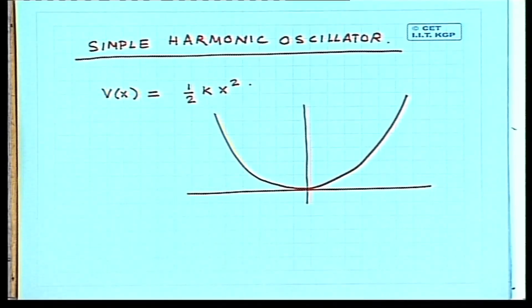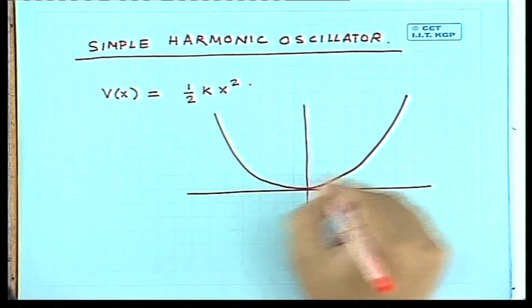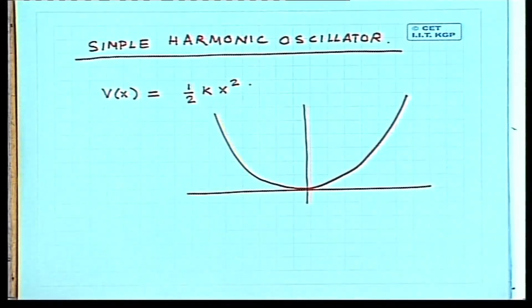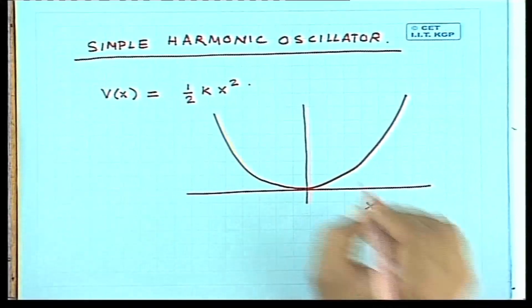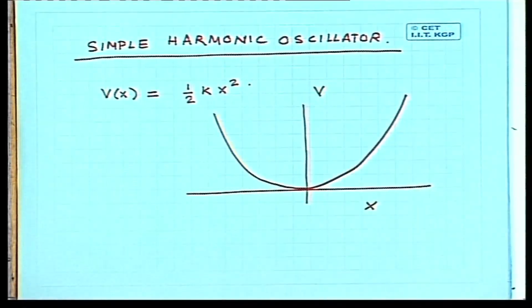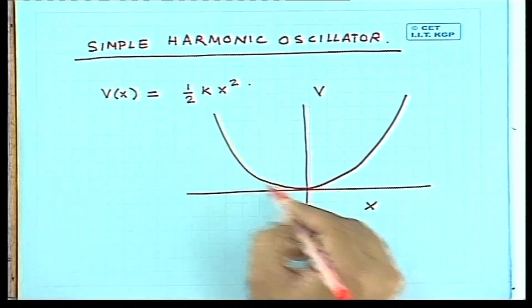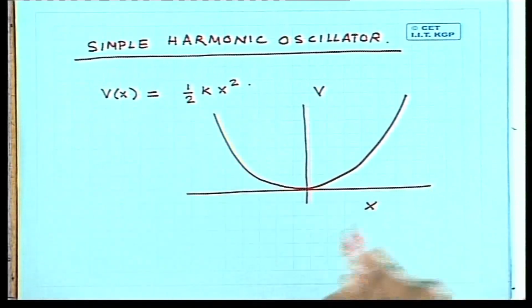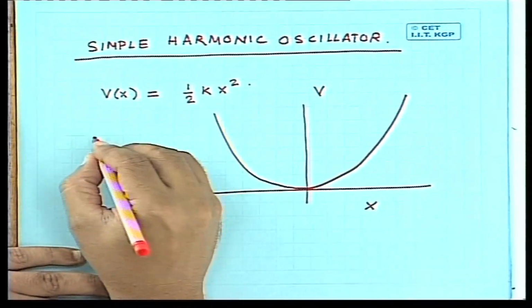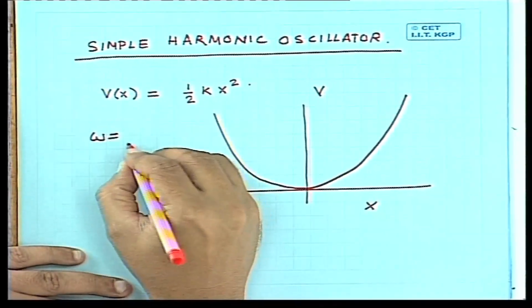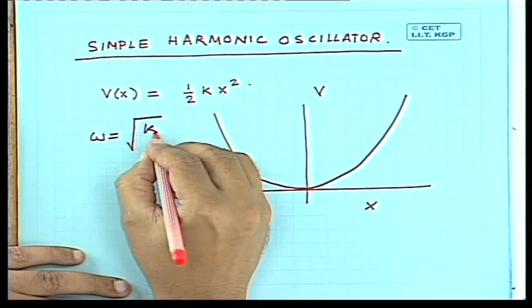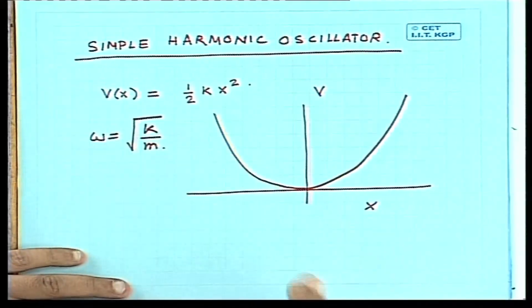And we know classically that if I have a particle moving in such a potential well, then its motion is an oscillation with angular frequency omega, which is equal to square root of k by the mass of the particle.